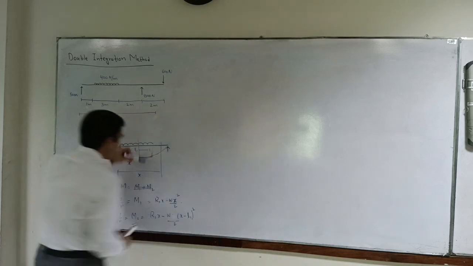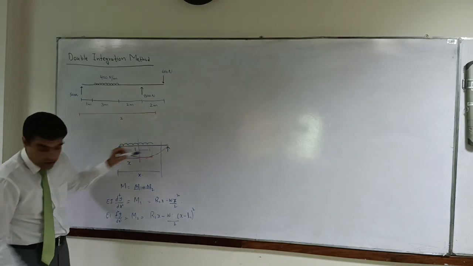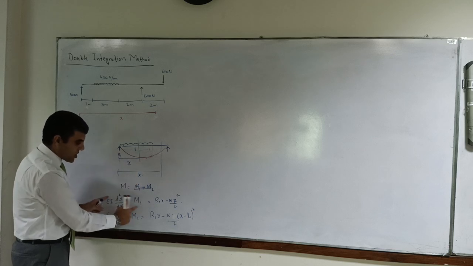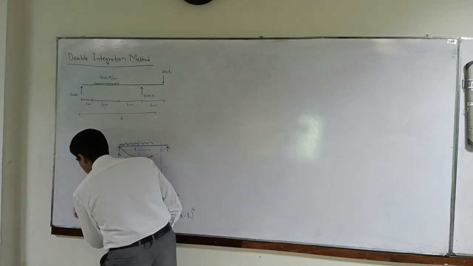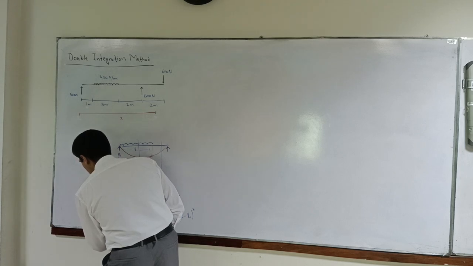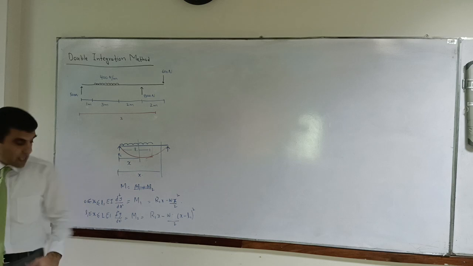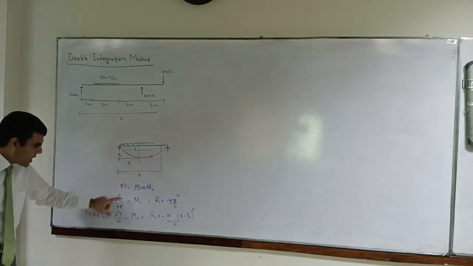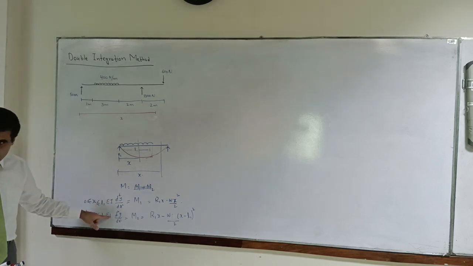The displacement which you get at this point will be within some range. This will be x between 0 and L1, and the other one will be x between L1 and say capital L. So in this one you will get the slope and deflection, and in this one also you will get slope and deflection.